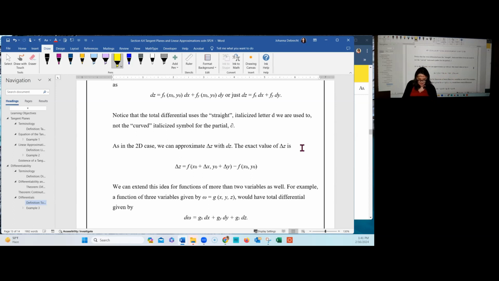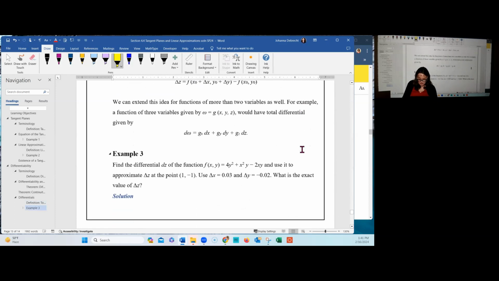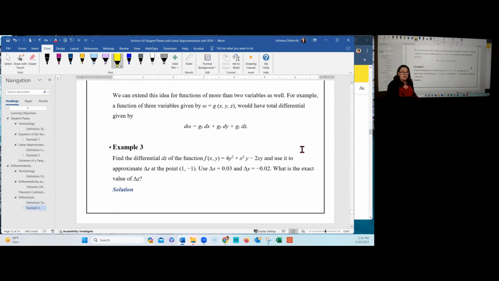We can also extend this idea for functions of more than two variables as well. Let's suppose we're in four-dimensional space with w as a function of x, y, and z. Then the total differential would be the first partial of g with respect to x times dx plus the first partial with respect to y times dy plus the first partial with respect to z times dz.